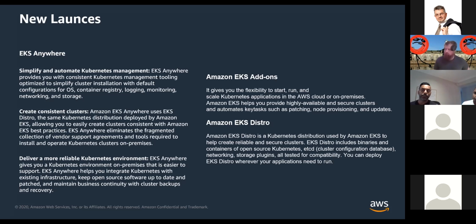So what you get is the consistency that we have built around EKS, the investment and the research that we have done over the years, and we give it to you as EKS Distro that you can deploy on-prem, and you can manage all of that through one single console, the EKS management console on AWS. So this is the power of what EKS can do for you. Not just run it on AWS, you can take it on-prem and run it anywhere you like.